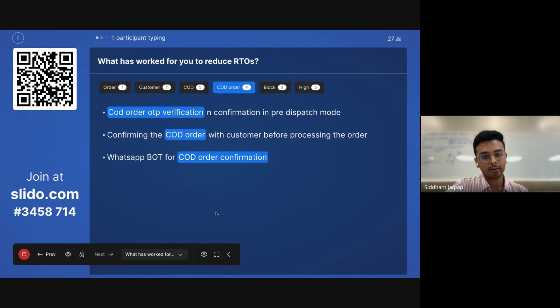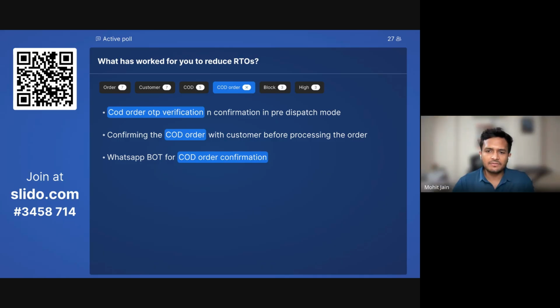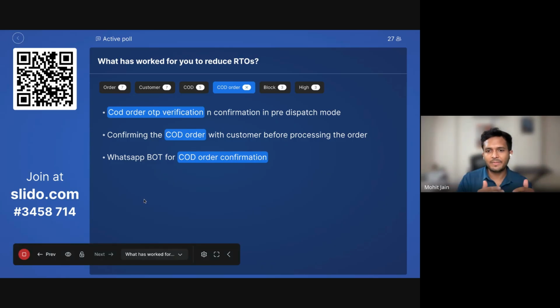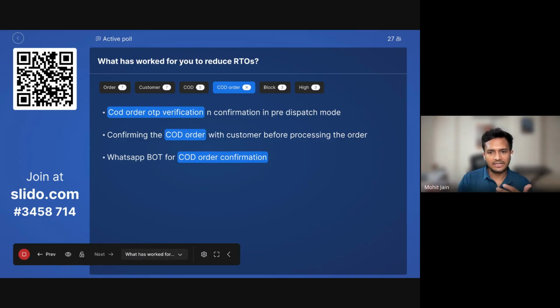Mohit, you want to put your insights there, on what ClickPost has already been brainstorming here? Yeah, so we have an AI agent also for order confirmation and verification. People were till now doing manual calling over there. So we recently came out with Path. It's been almost a year where an AI does these calls and it has a very high success rate.